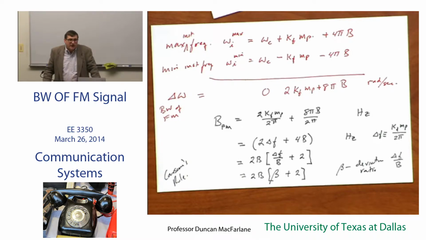After Armstrong demonstrated it and showed that it was really brilliant, and it took away the hiss, static, on the channel, and it was very low noise, Carson sort of scratched his head and came up with a theory, and this is one of his results.